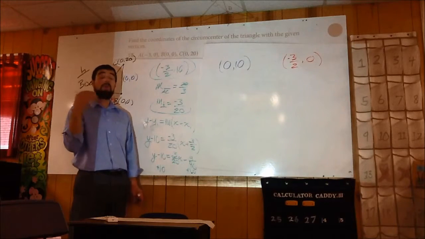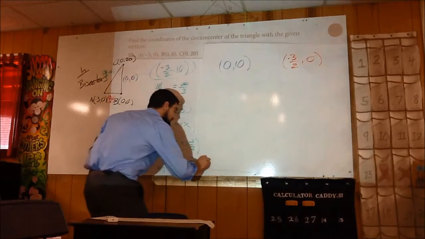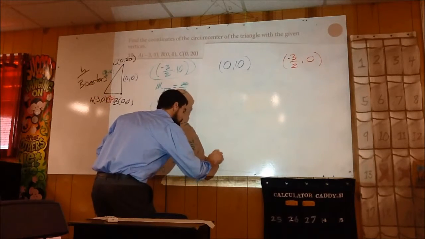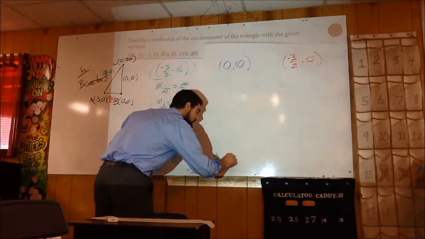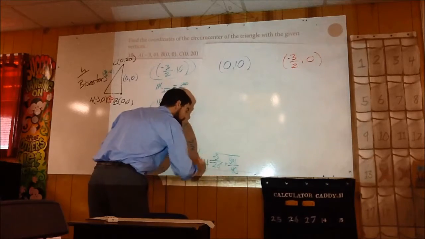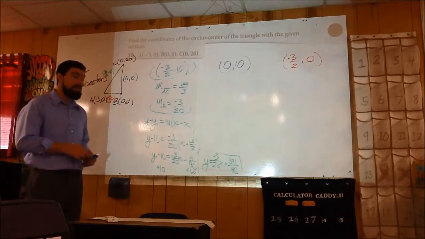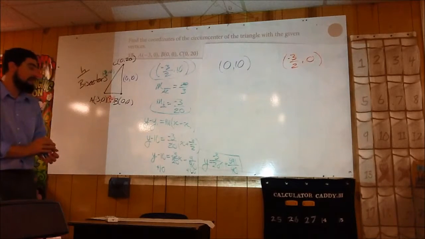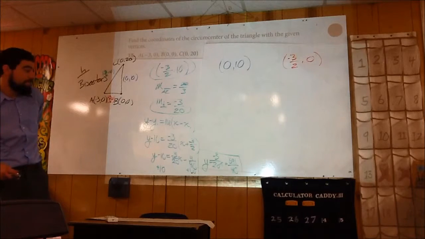So that would be 400 over 40. When I combine these like terms, I'm going to get a positive 391 over 40. y is equal to negative 3 over 20x plus 391 over 40.